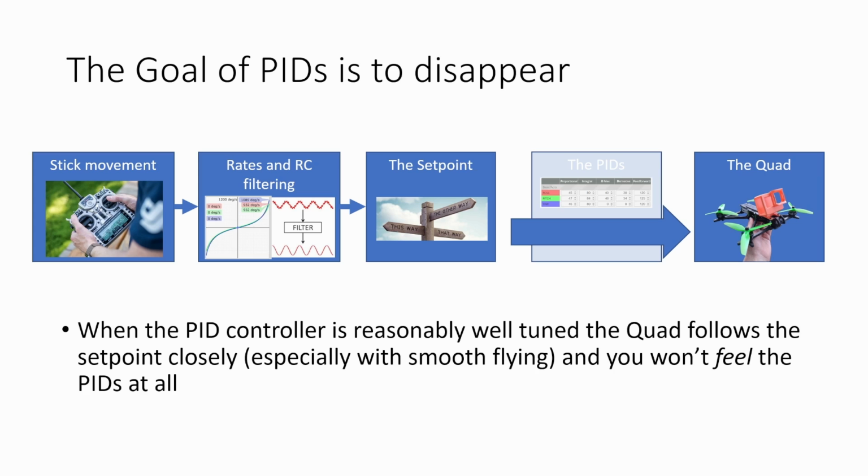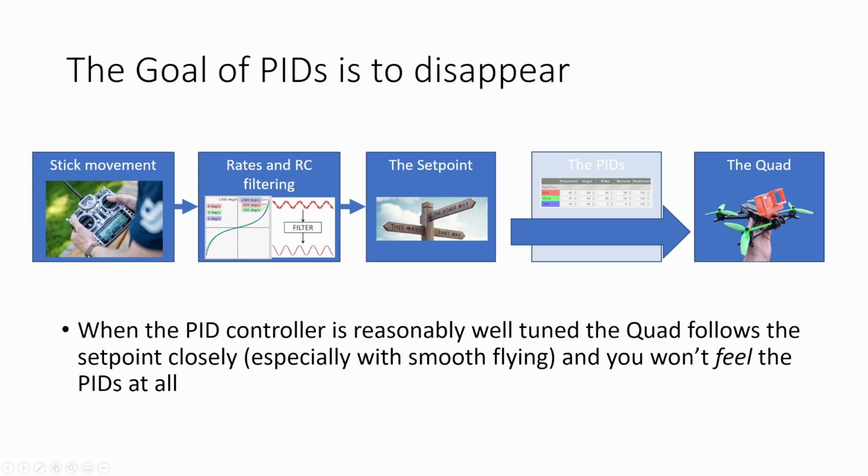So why doesn't the tune of the PID controller really affect flight feel all that much? Well, the goal of the PIDs is sort of to disappear. And what I mean by that is that when the PID controller is pretty well tuned, the quad is just going to follow the set point.